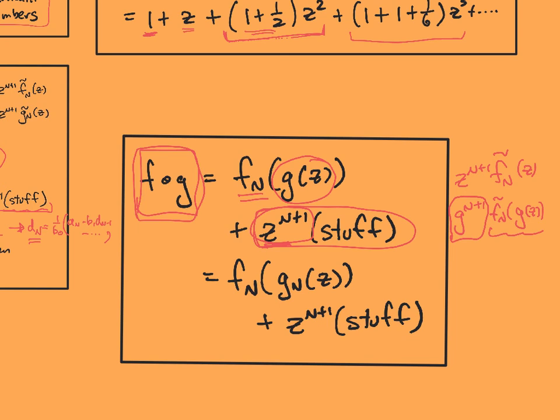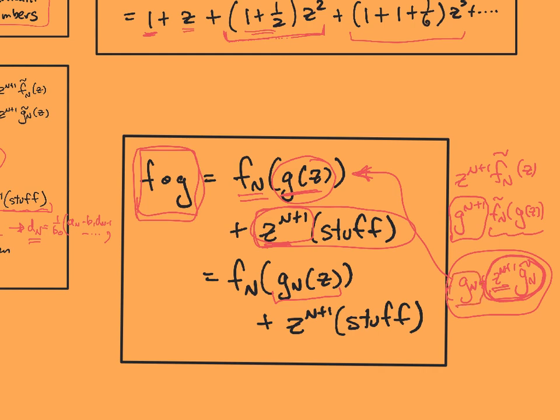Also, when I plug G into this first part, I only have to worry about Gn because I've also written G in this form, and when I plug this into Fn, anytime I use this term in there, it's going to give me something with a power of z to the power n plus 1 or higher.